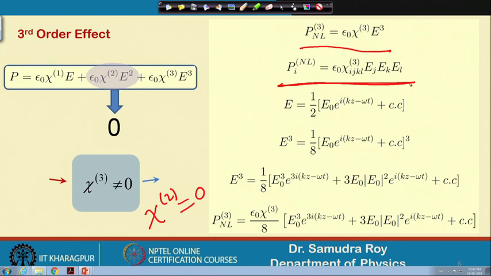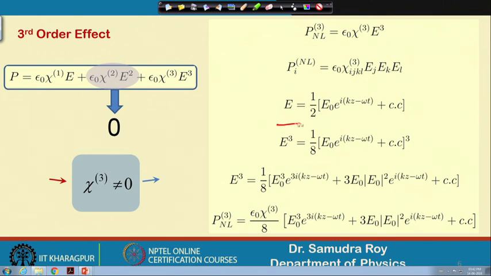So, if we start with this expression, which is a scalar expression, then we can find out what the value of P nl should be and how different kinds of frequency can mix because of this E cube term. So, now let us take our total electric field to be this.